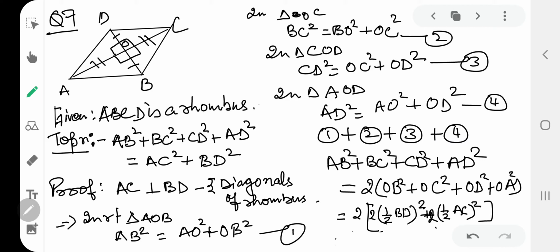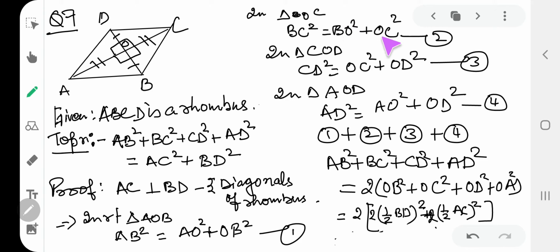So if I want to add them all, I should see it very carefully. AO square is once here and AO square is here also. So that means I have twice AO square. OB square is here and OB square is here also. So twice, 2 times I am getting OB square.